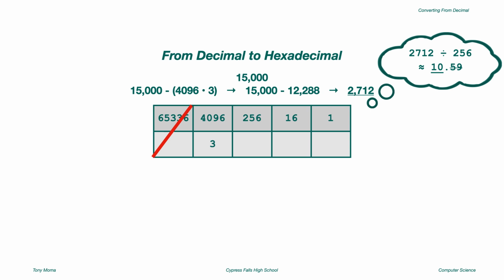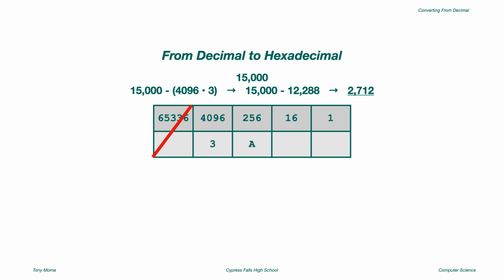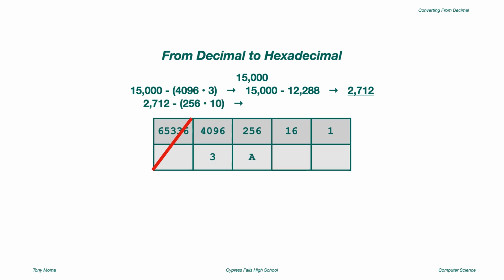A represents 10, B represents 11, C represents 12, D represents 13, E represents 14, and F represents 15. Here we got 10, so instead of putting 10 in the table, we're going to put the letter A. Multiply the top row by the bottom row. 256 times 10 equals 2,560. Subtract that from 2,712 and we're left with 152.